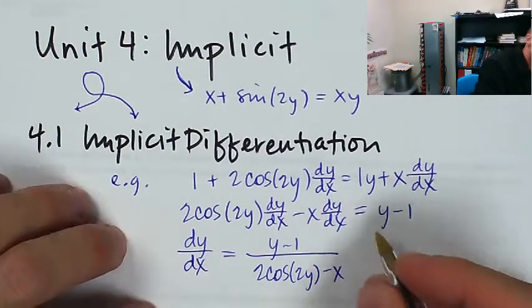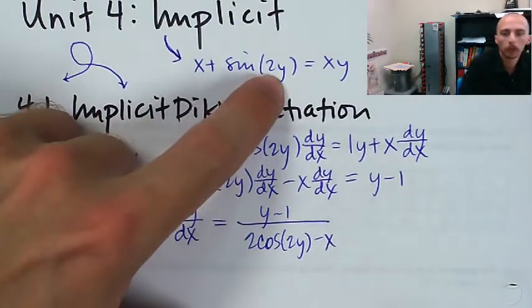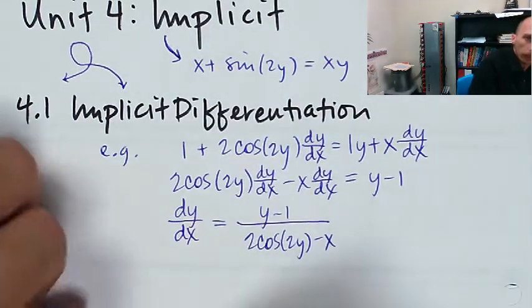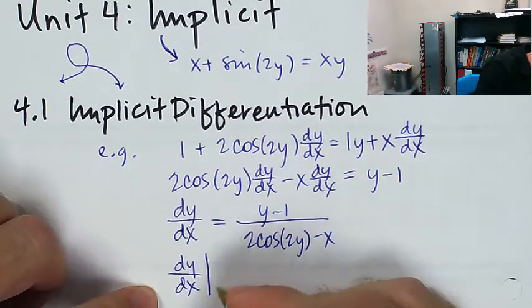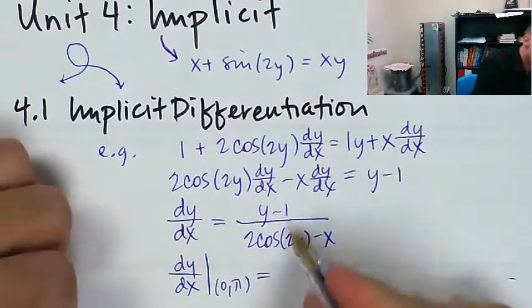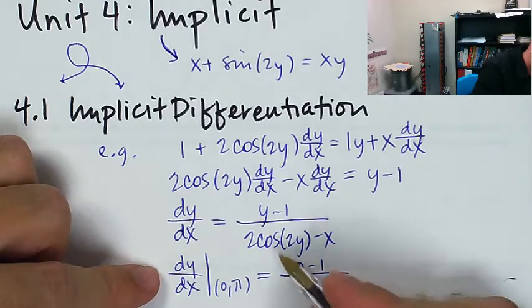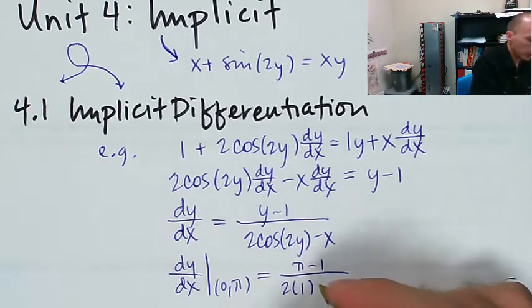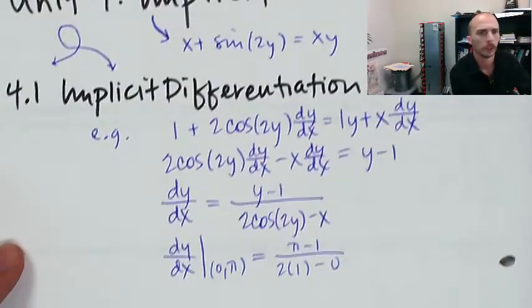If they asked us to find the slope of the tangent to that curve at the point where x is 0 and y is pi, because sine of 2 pi is 0, equal to 0 times pi, dy dx at x equals 0 and y equals pi is going to be pi minus 1 over 2 cosine of 2 pi, so that's 2 times 1, minus x, which is 0. I lost myself a little bit, got a phone call.